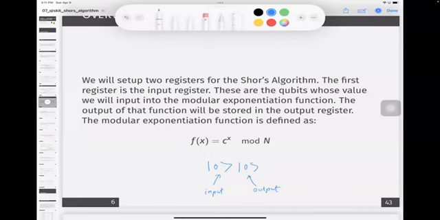So the input will represent the number X, and the output will contain the result of this function, f of x.